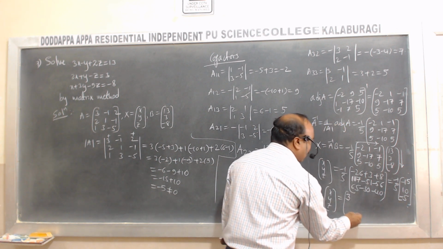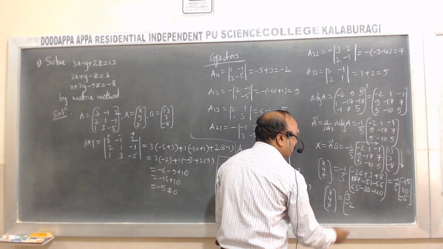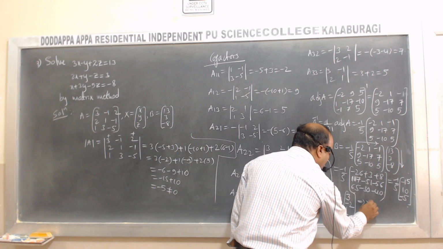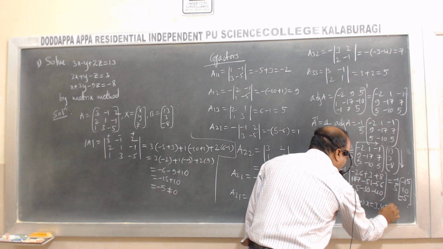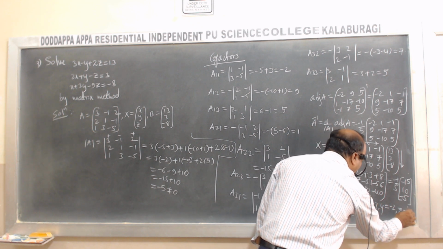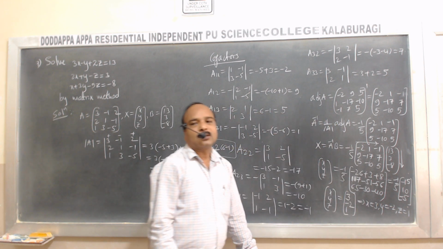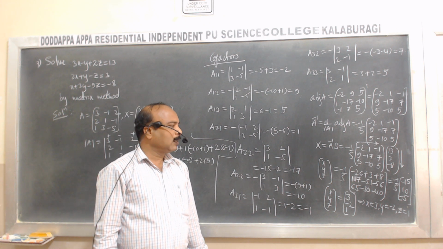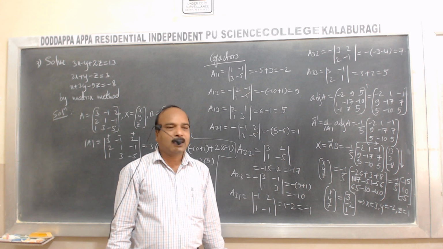Minus 1 by 5 into 10 is minus 2. Minus 1 by 5 into minus 5 is 1. So it implies x equal to 3, y equal to minus 2, z equal to 1. So these are the solutions of the system of linear equations by matrix method.